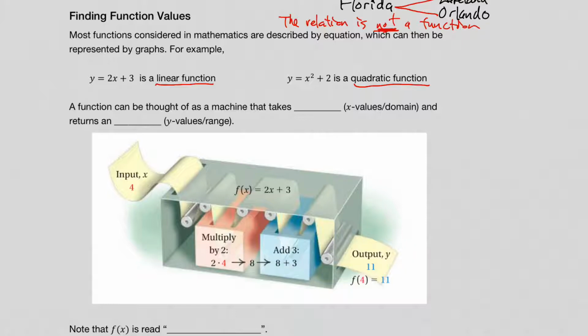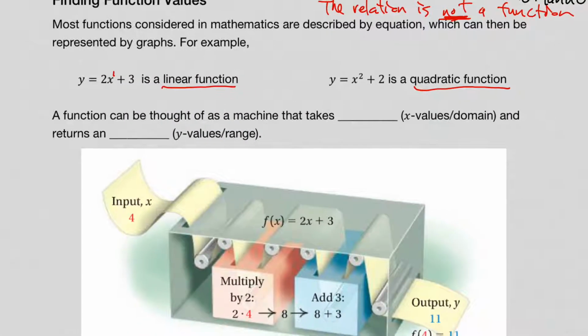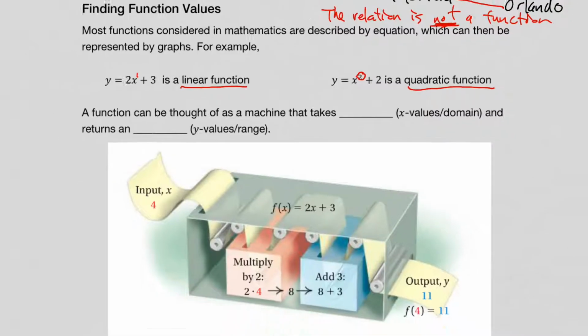The reason why this one's called linear is because there is a power of 1 on this x. And the reason why this one is called quadratic is because there is a power of 2 on this x, which makes the function behave differently. All right.